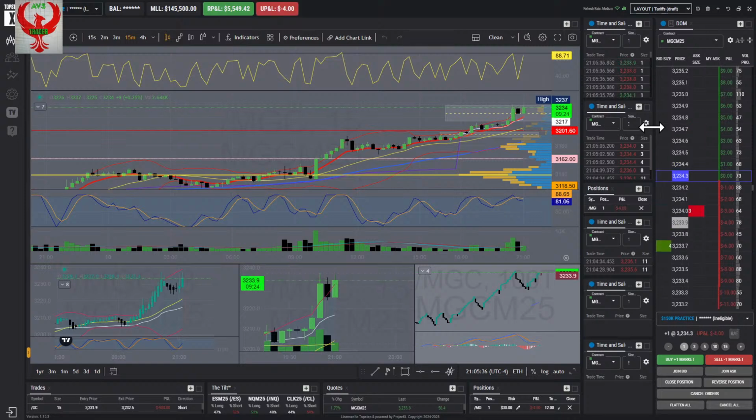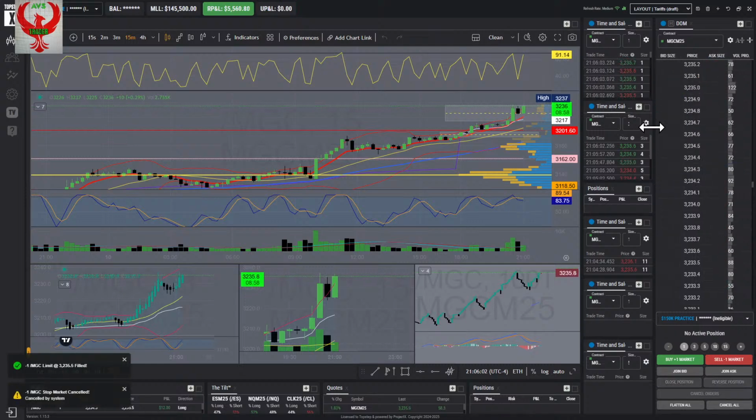I started entering a short here, and then I added micros, I think 4, as we started breaking down. Then we just broke down. I took profits. I wasn't expecting that huge of a move, but I was fine with watching the momentum and taking profits on the way. Order filled. Right down.